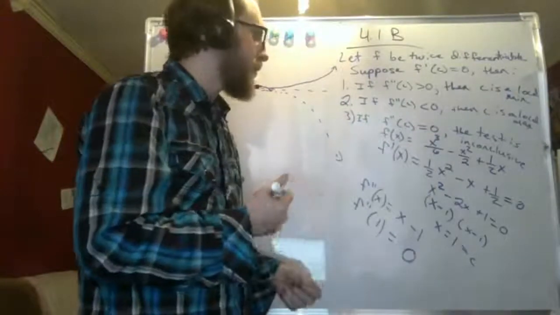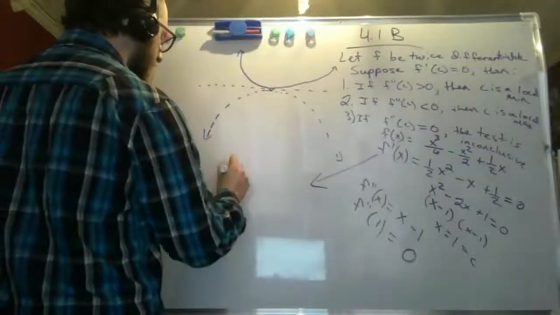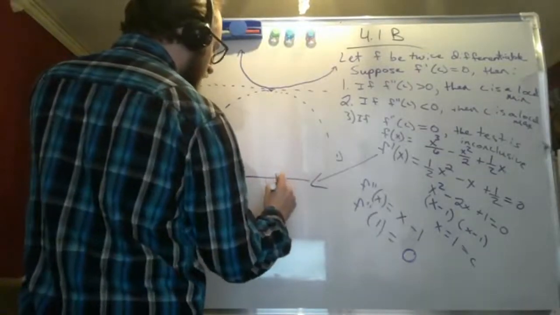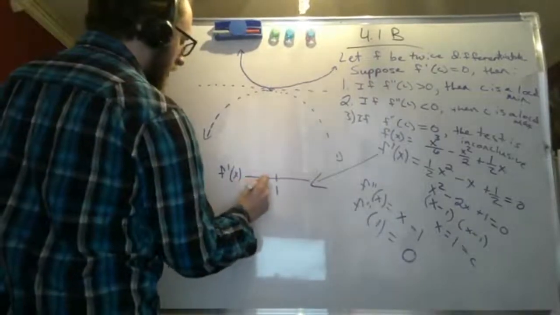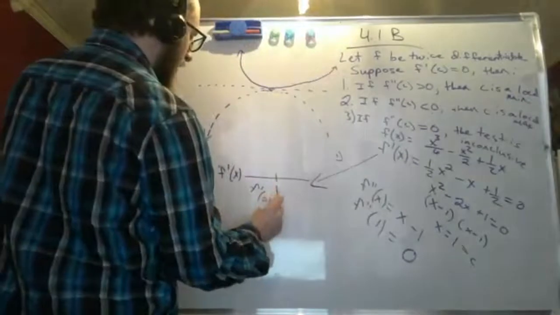Well, to figure that out, let's go back to the first derivative test. What does this tell us? Well, based on the first derivative, and I draw my number line again, I'm looking at 1. If I plug in numbers to the left, so let's say 0, then f prime of 0 is equal to a positive 1/2.